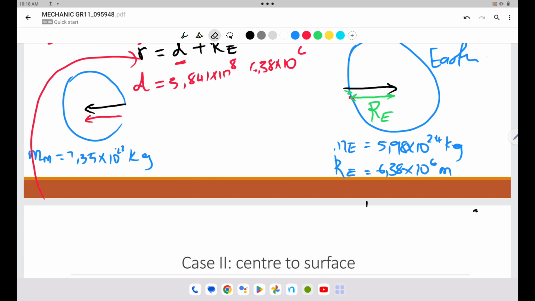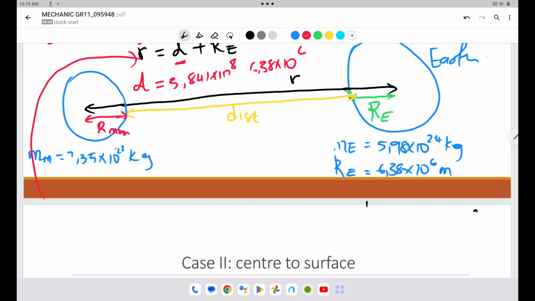So we have said that in black, that is the center to center that we always get from the formula. Let us say the question required us to calculate surface to surface distance, which is surface to surface. Then we would require additional information. We would require the radius of what? The radius of the moon.